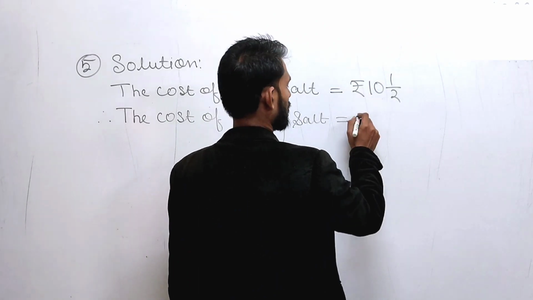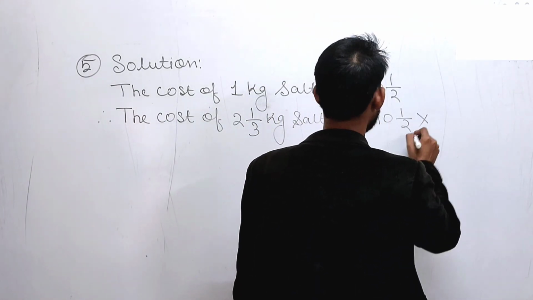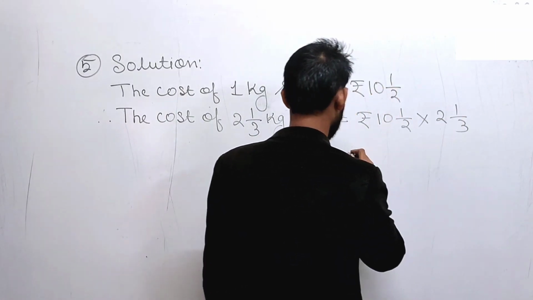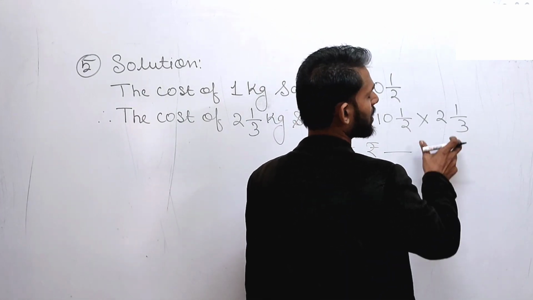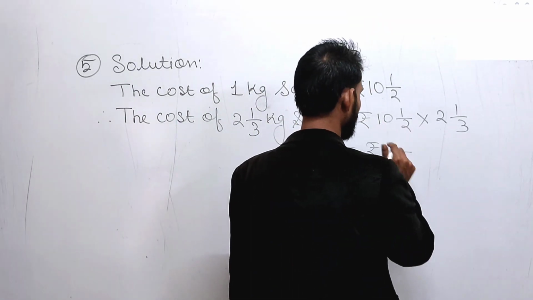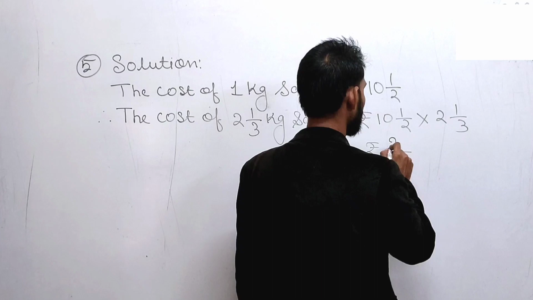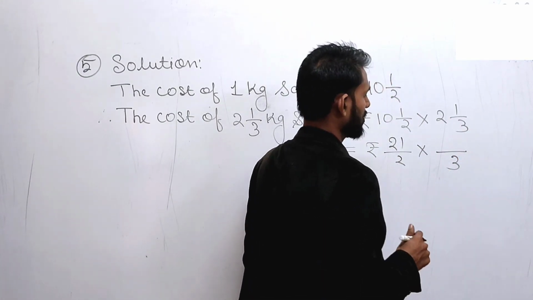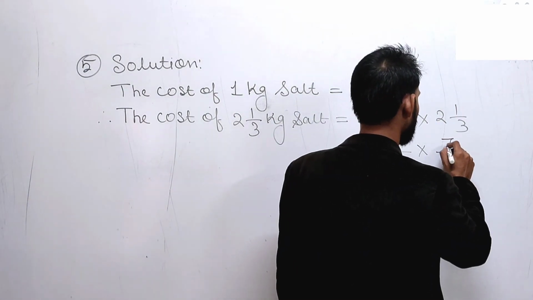That is rupee 10 half multiplied by 2 1/3, which equal to rupee. Now you convert this mixed fraction into improper fraction. So 2 into 10, that is 20 plus 1, 21. Here denominator is 3. Now 3 into 2, that is 6 plus 1, 7.